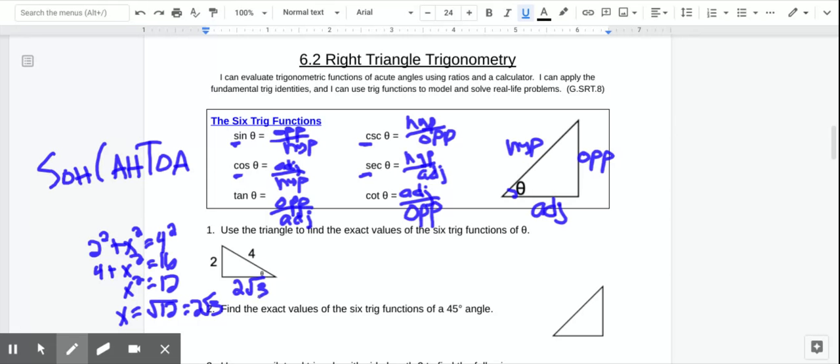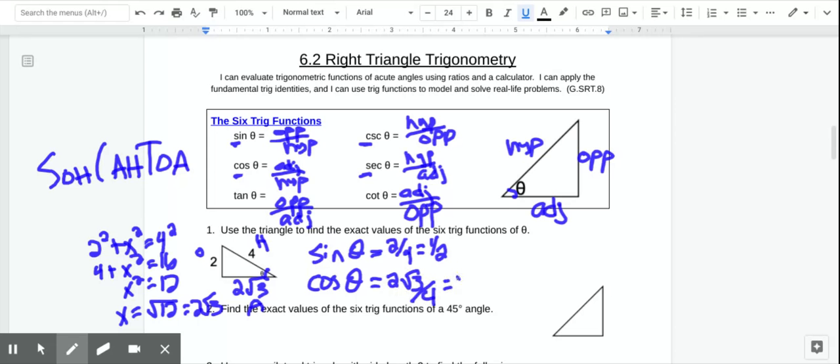All right, now from this, of course, this is our opposite side, this is our hypotenuse, and this is our adjacent side. So if we want to find the sine of theta, that's going to be opposite over hypotenuse, so 2/4, which is 1/2. If we want to find cosine of theta, that is adjacent over hypotenuse, so 2 root 3 over 4.